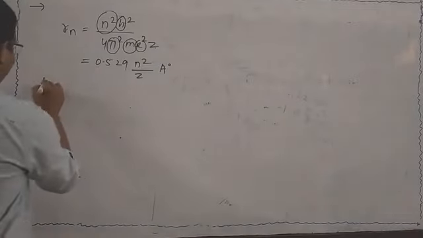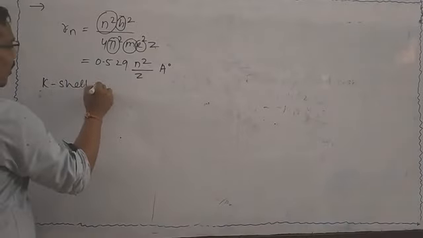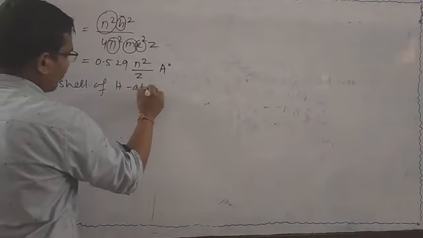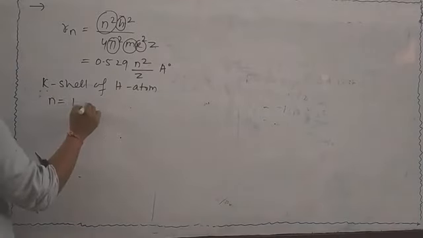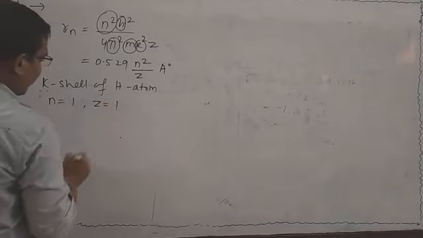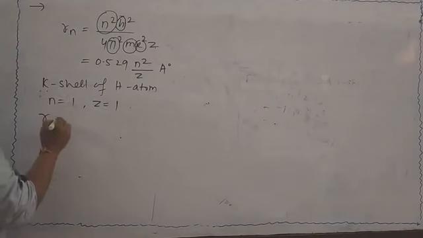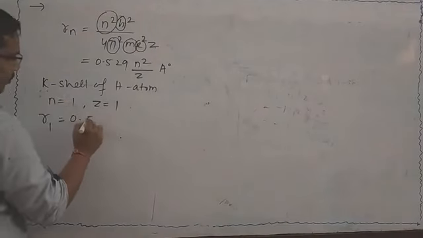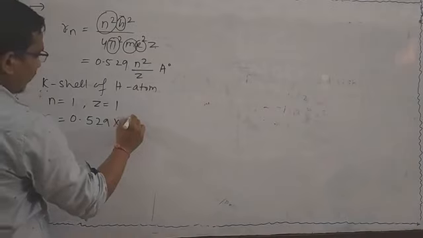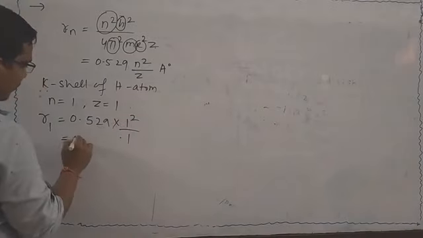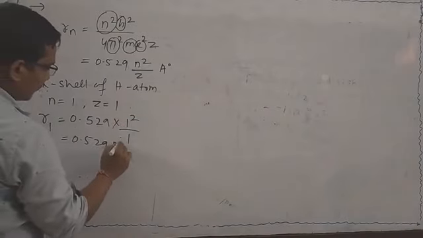For the case of hydrogen atom, n is equal to 1 and Z is equal to 1. By putting this, R1 is equal to 0.529 times 1² by 1, that is 0.529 angstrom.